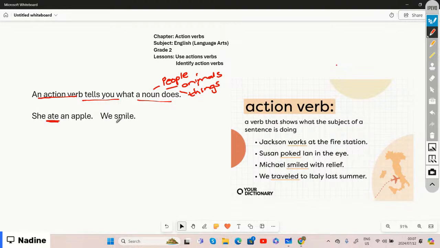And smile tells us what we are doing. So she ate an apple. Ate tells us what she did. And smile tells us what we did. So we smile.